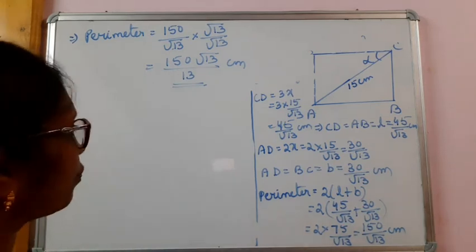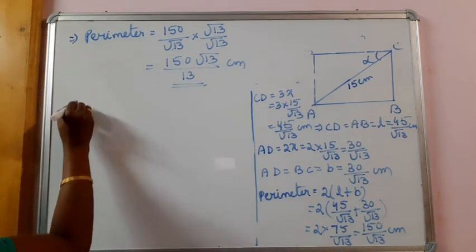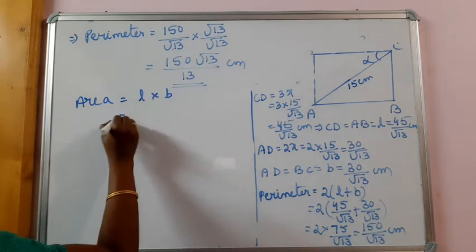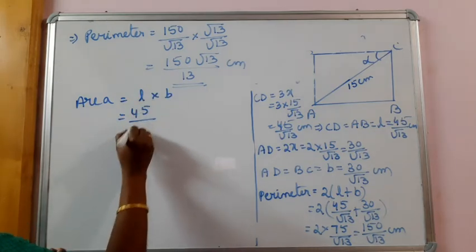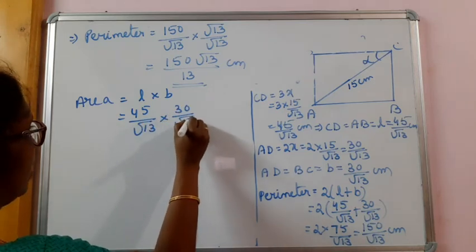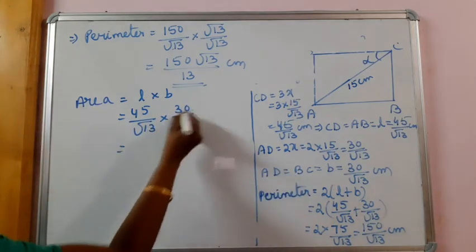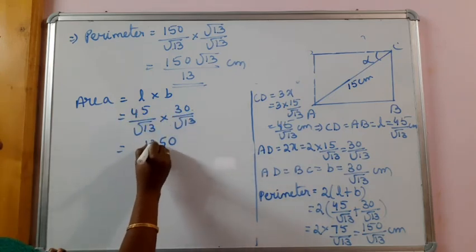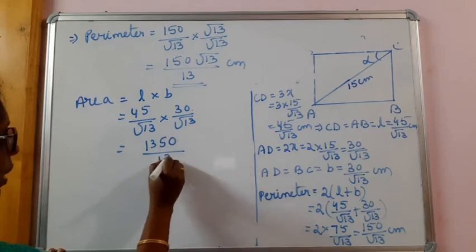Now let us work out the area of the rectangle. We know the formula for area of a rectangle is length into breadth. Length is 45 by root 13. Breadth is 30 by root 13. So 0, 3 fives are 15, 5 and 1 carrying, 3 fours are 12, 1 is 13.